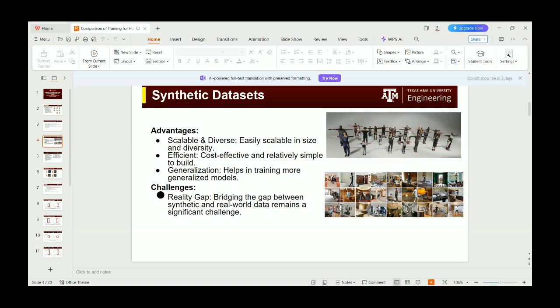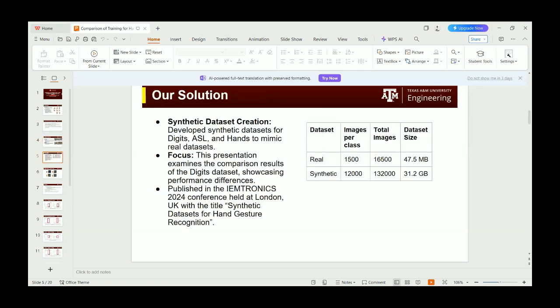The issue is that there's a reality gap, and being able to bridge the gap between synthetic and real-world data still remains a significant challenge. So we decided to create a synthetic data set, and we did that for digits, ASL, which is American Sign Language, and hands in order to mimic the real data sets.